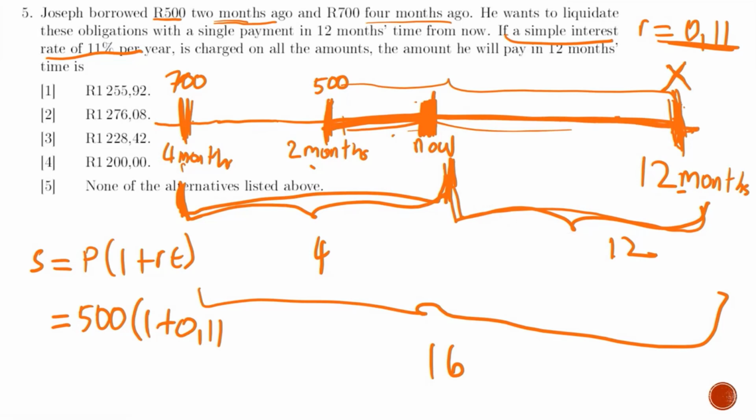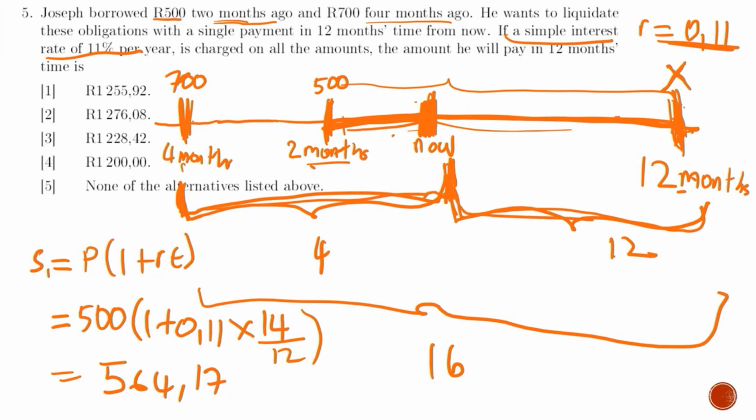So this is going to be multiplied by 12 plus 2, equal to 14. Remember here you are working with months, so you need to divide that total period by 12. Then you are going to get the first accumulated amount, which is 564.17. You also need to take into consideration that with reference to now, you've got this period plus it has also ran for that period.